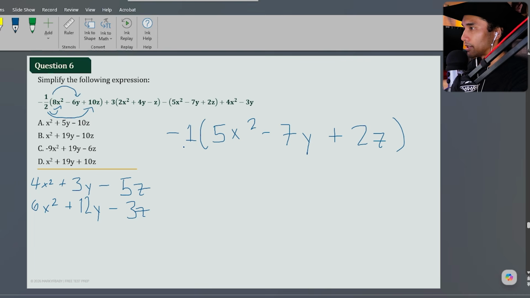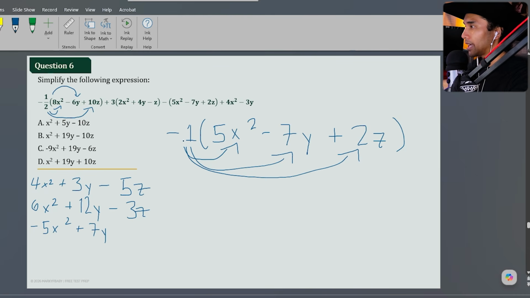So this negative 1, or just the negative, however you want to visualize it in your head, just gets distributed among these terms. So negative 1 times 5x squared equals negative 5x squared. And then negative 1 times negative 7y equals positive 7y. And negative 1 times 2z equals negative 2z.